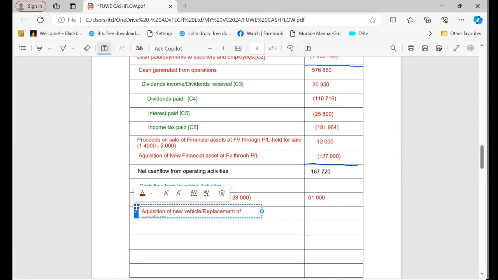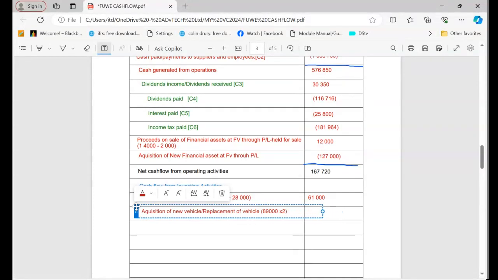I think we bought two of them. So how much will it be? It's 89,000 times 2, which is 178,000. So it's how much? 178.